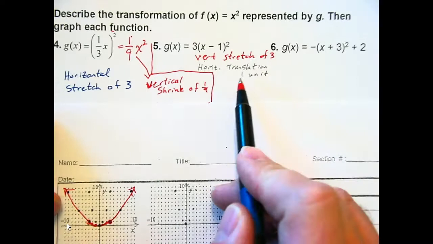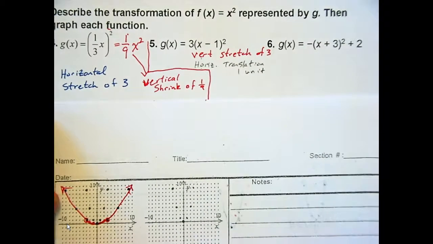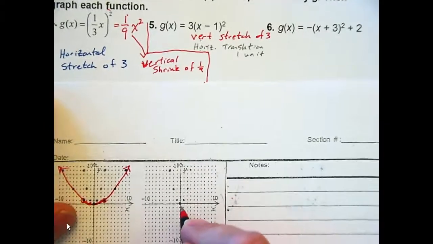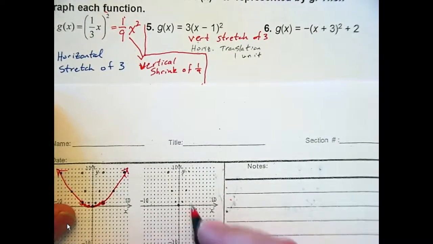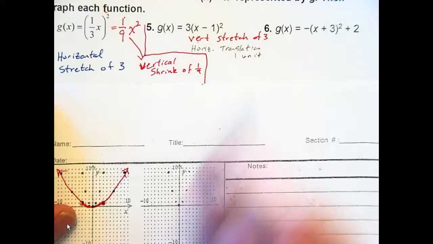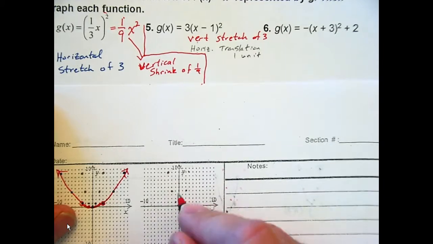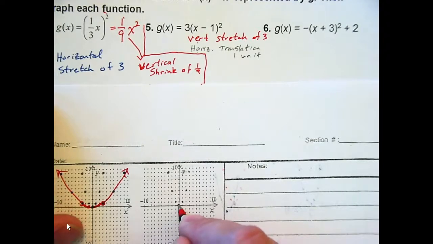So if we take each point right now and do a vertical stretch of 3, here's my parent function. If I move each point a vertical stretch of 3 and then 1 to the right, that might be a little easier. So like if I stretch from 0, I'm stretching vertically, right? So I'm stretching away from the x-axis. If I'm at 0 and I multiply by 3, I'm still at 0.